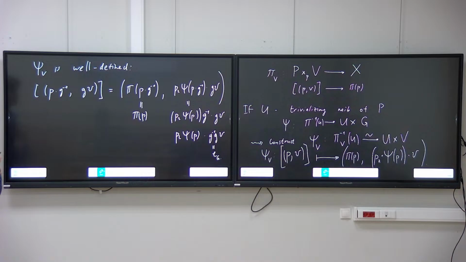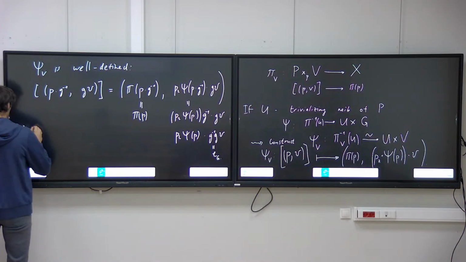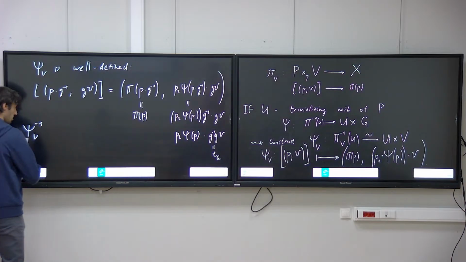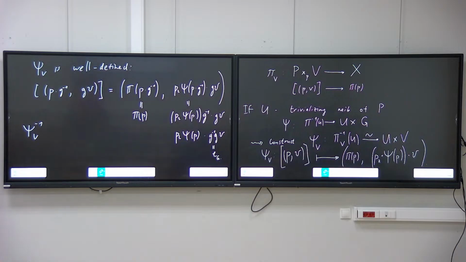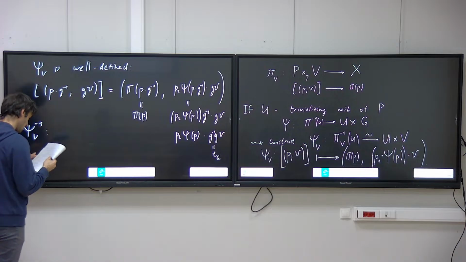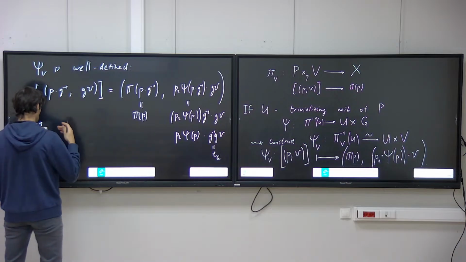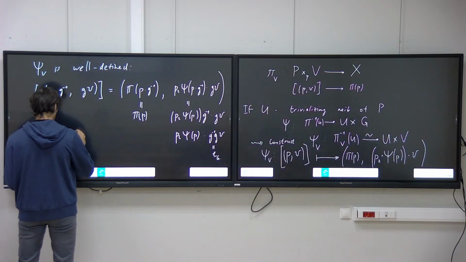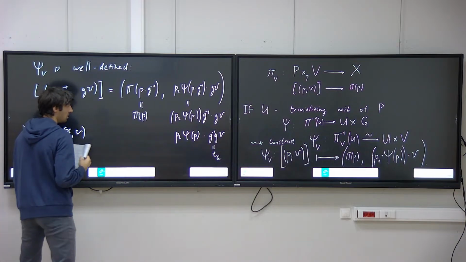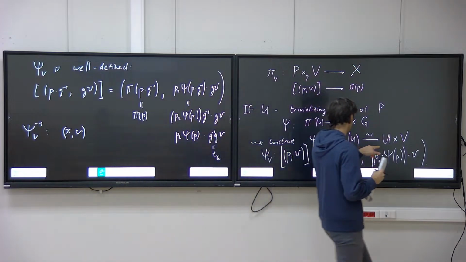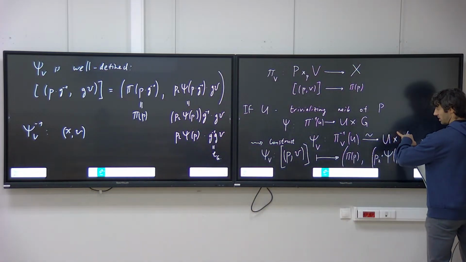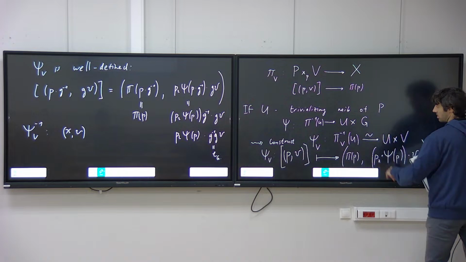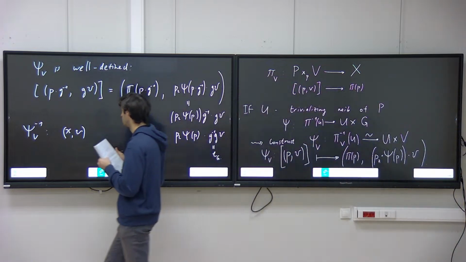But also what we need is that we have psi V inverse. That is actually different. It's not hard to just write down the formula explicitly. So I have (x, v), which is a pair in here, and I need to map it back to here.